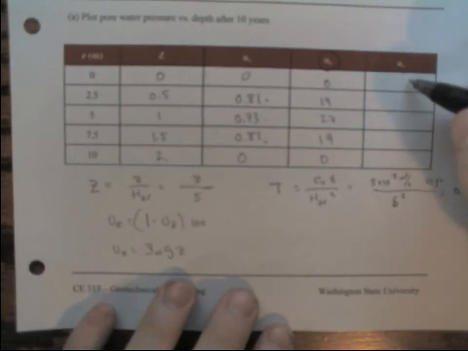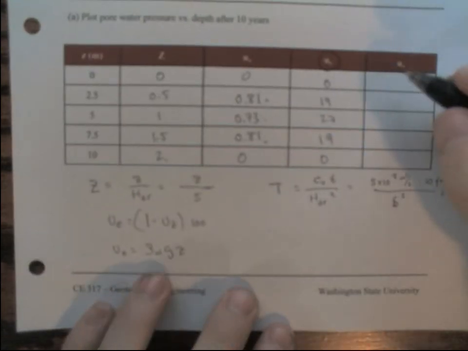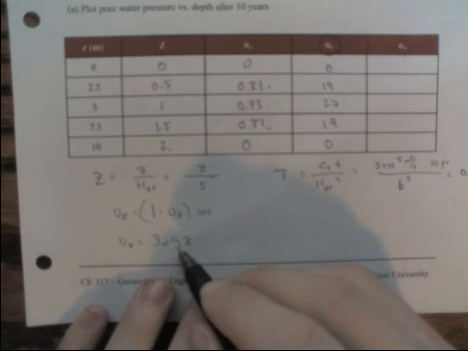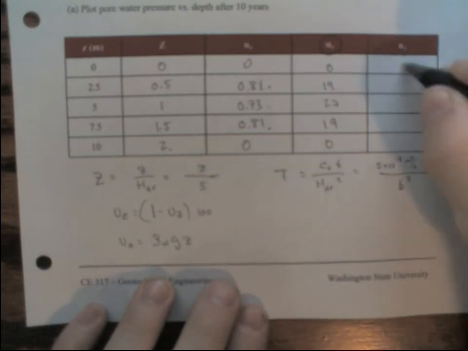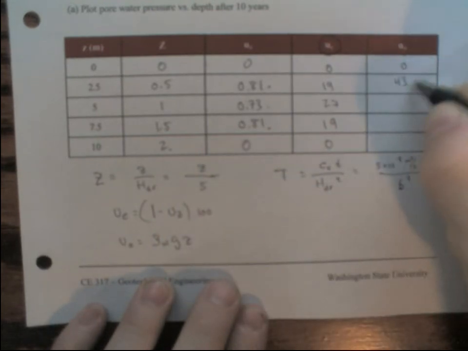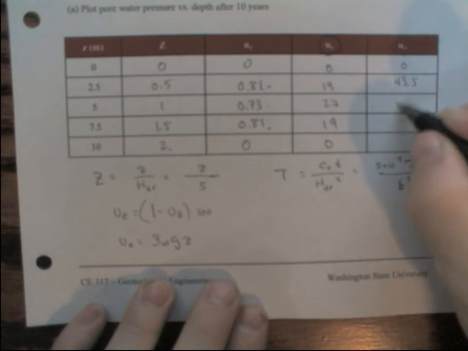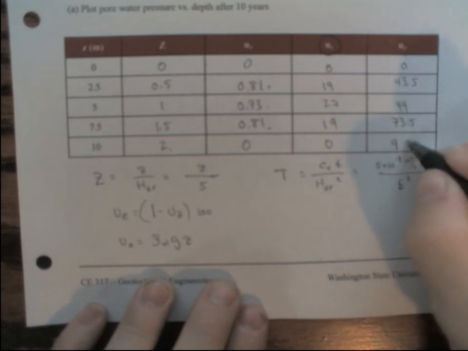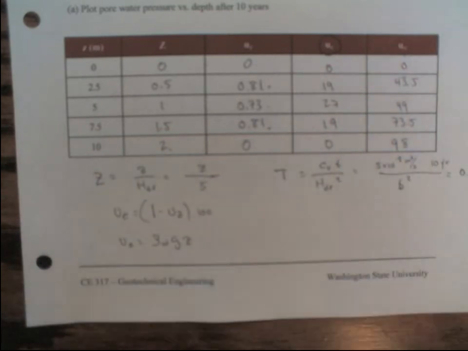Now as well for these, which you guys have done before, this again is the rho of water times G times Z. It's going to be 0, 43.5, 49, 73.5, and 98.